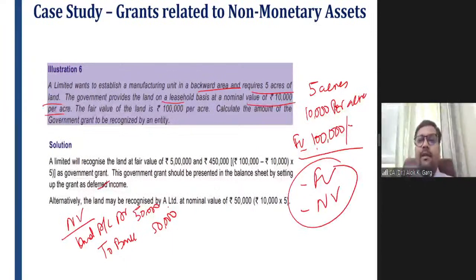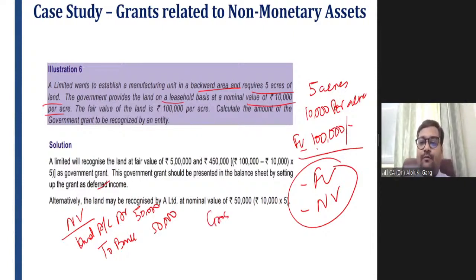So we are paying nominal value. The asset has to be recognized at nominal value and the grant has to be recognized at nominal value. When I say nominal value, it means whatever actual money the company has incurred, the asset has to be recognized at that value. Simple. Same like Ind AS, same like accounting standard.